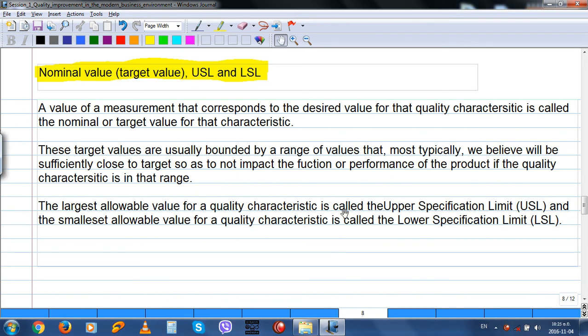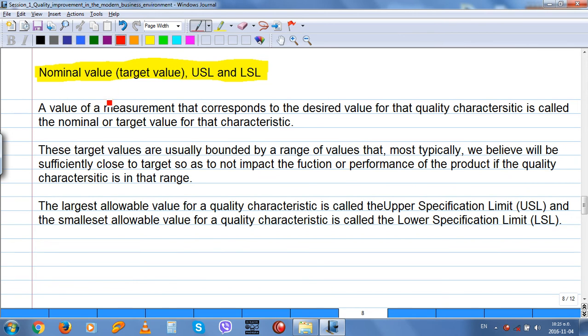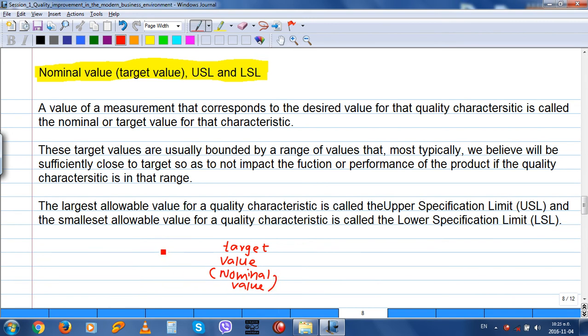And if we take the other side, the smallest allowable value for the quality characteristic is called the lower specification limit, LSL. So the meaning of this is that the target value, or the nominal value, should be in between the upper specification limit and the lower specification limit.